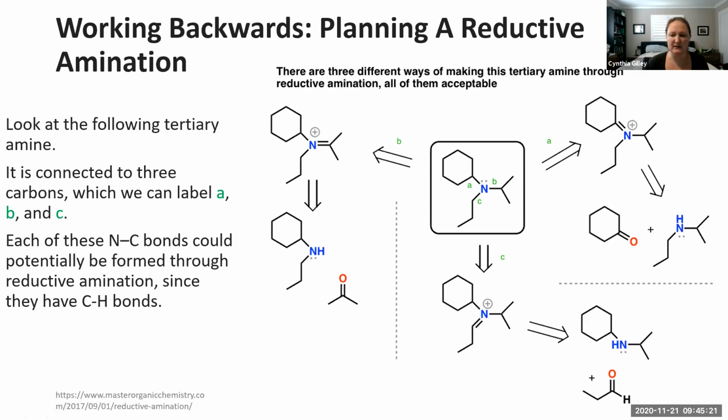So all of these bonds are possible to form through a reductive amination. And we know that because the carbons attached are all sp3, and there's at least one hydrogen attached to them, which means that we will be able to form an iminium ion and then deliver that hydrogen through a hydride attack on that iminium ion.